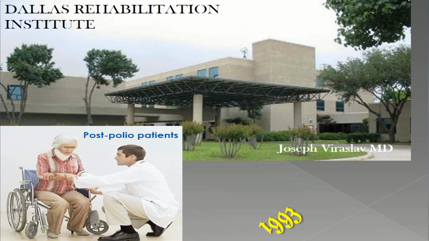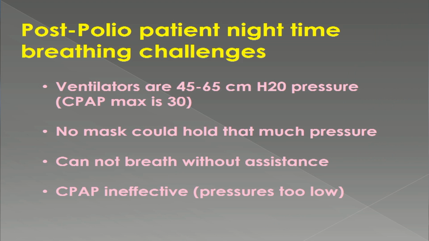And so back in the old days, the only way you could keep these people alive is to put them in iron lungs that would breathe for you. Then came the development of ventilators that could be strapped to the back of the wheelchair, and with the patient hooked up to the ventilator, it would breathe for them and they'd be more mobile. Now, postpolio patients get apnea just like regular patients.